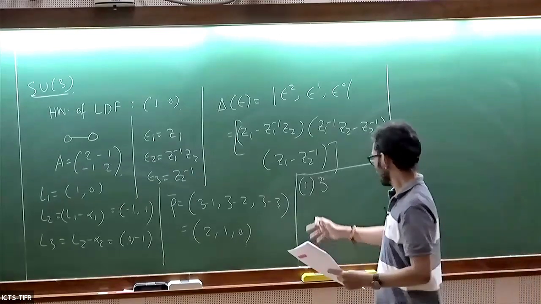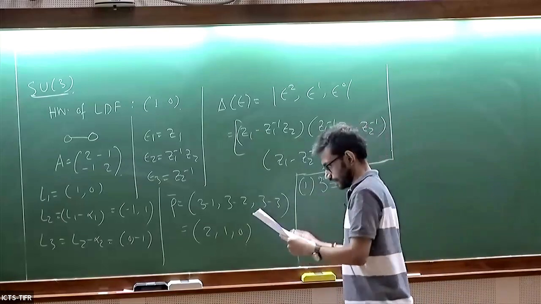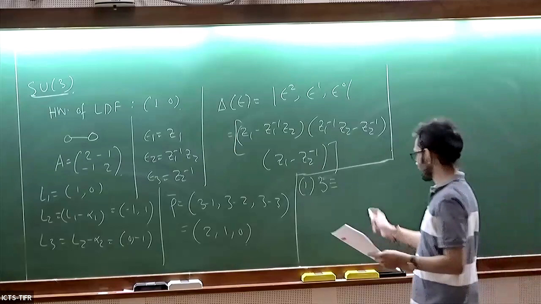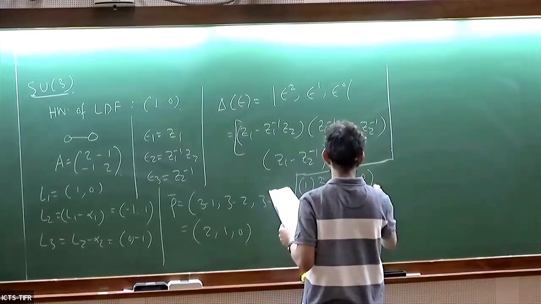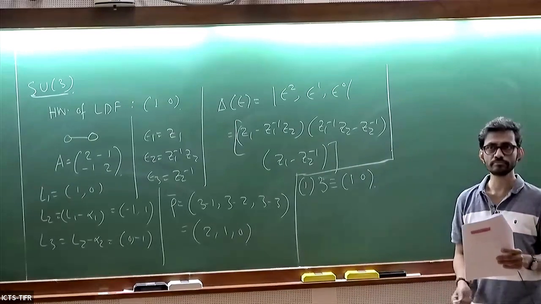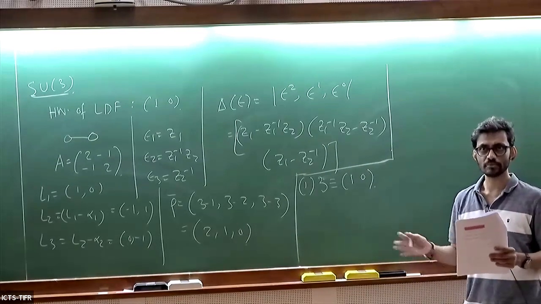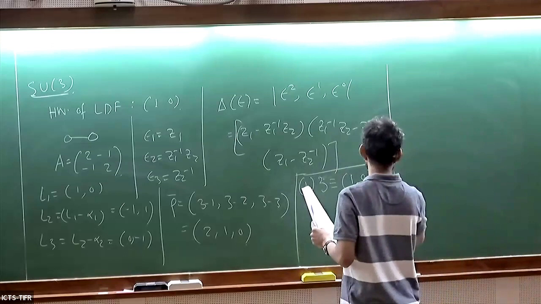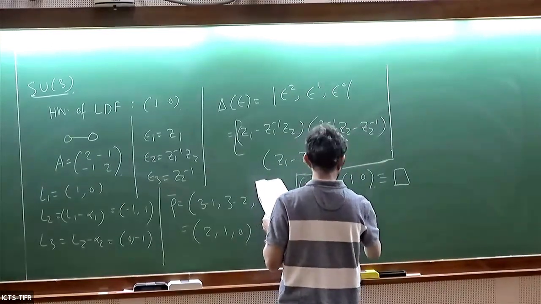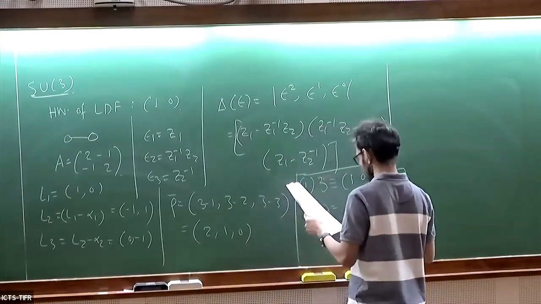Fine. So now let's check the SU3 fundamental representation. What is my Dynkin label? (1, 0). And what is the Young diagram? A single box, because for SUN that is a single box. So then the lambda would be (1, 0).